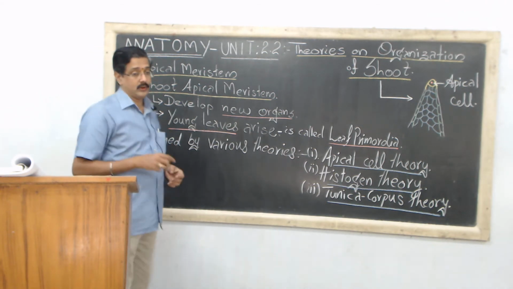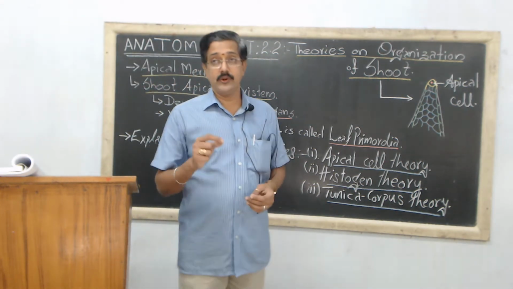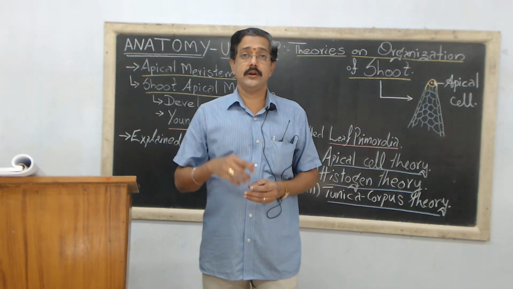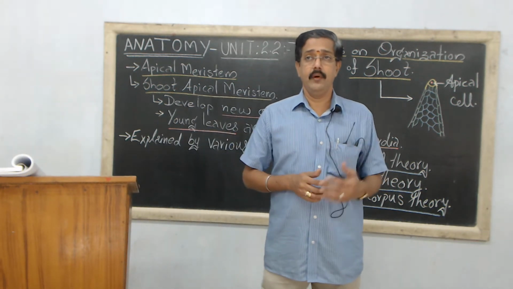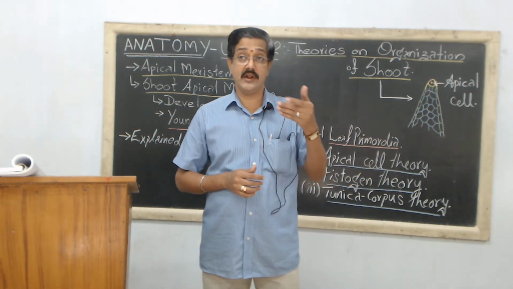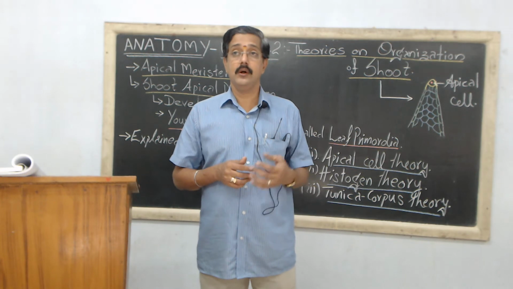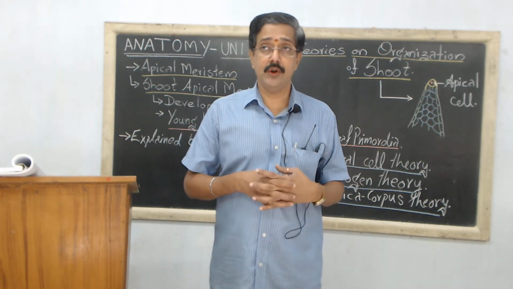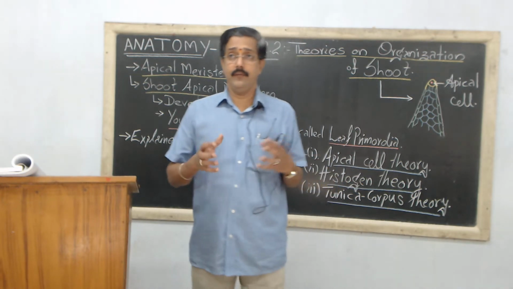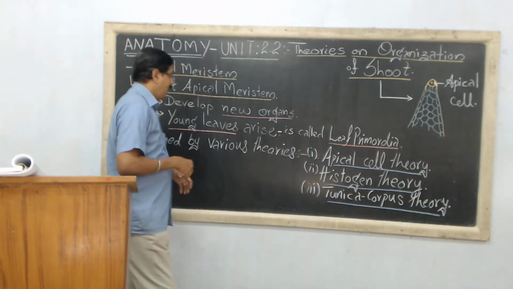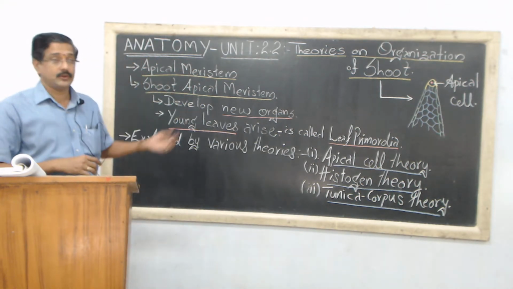In a plant, the shoot system is getting differentiated and organized to form the leaf, and the elongation of shoot to develop the stem, and later those different levels of de-differentiation to branches, and ultimately forms the trunk or the entire canopy of the plant. Okay, come to the organization of shoot.